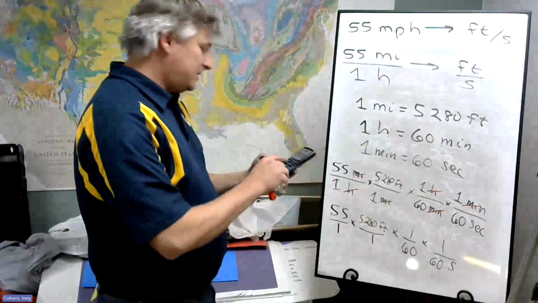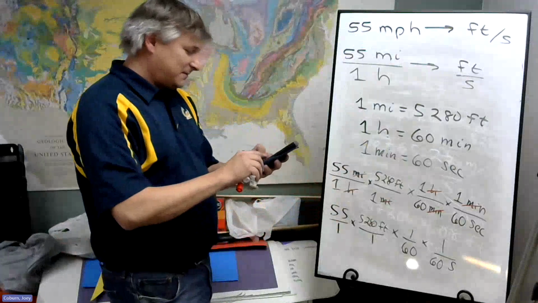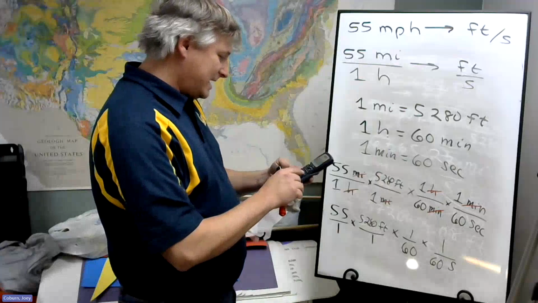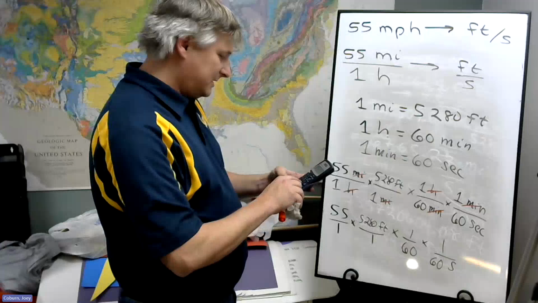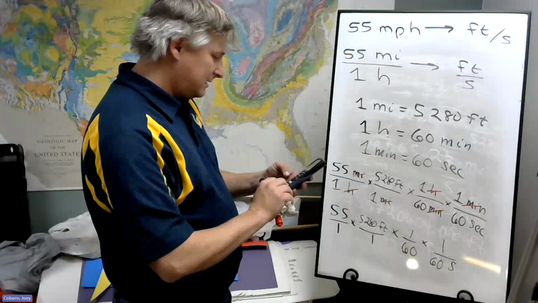So putting us into the trusty calculator, the one I know how to use, 55 divided by 1 times 5,280 divided by 1 times 1 divided by 60 times 1 divided by 60.